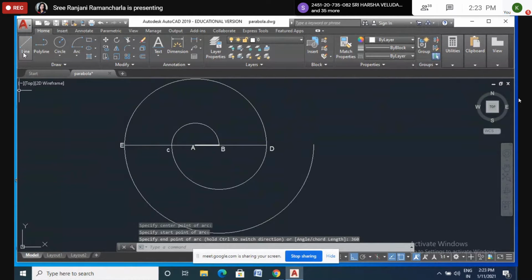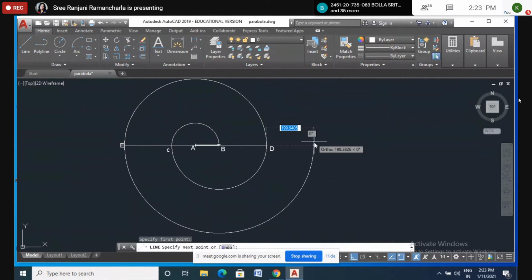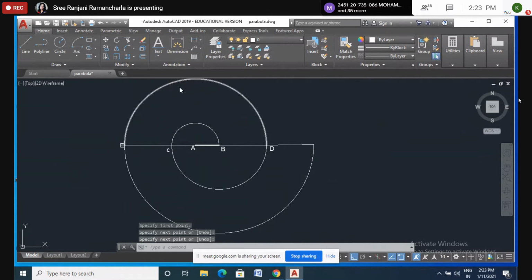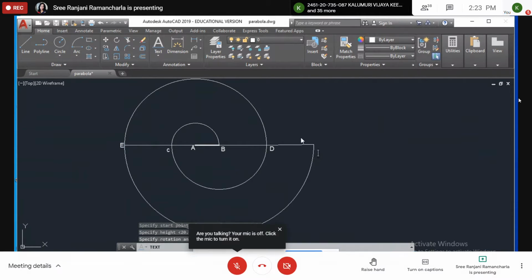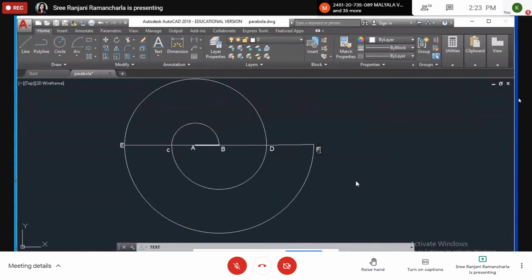Here I want to draw a line, and I want to name it as F. Is it clear now, everyone? Say yes or no. I want responses. Yes, ma'am. Okay. So this is the involute of a line.